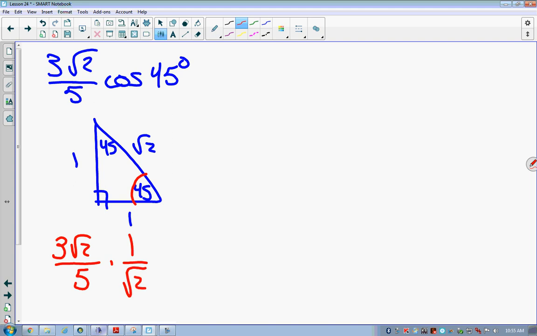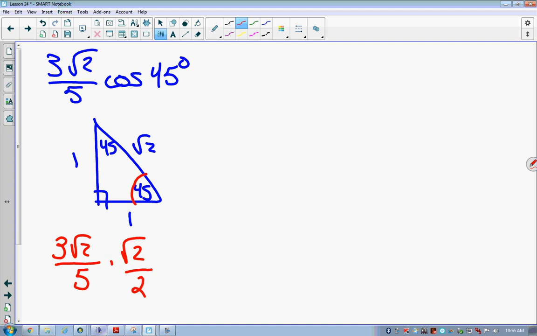All right, so what we have is 3 radical 2 over 5 times 1 over radical 2. Okay, so you have 2 options. Either we can go ahead and rationalize the denominator of 1 over radical 2 now, or we can do it after we multiply. I prefer to do it before, so we'd multiply by radical 2 over radical 2, right? What's that give me on top? Radical 2, right, over what? 2.